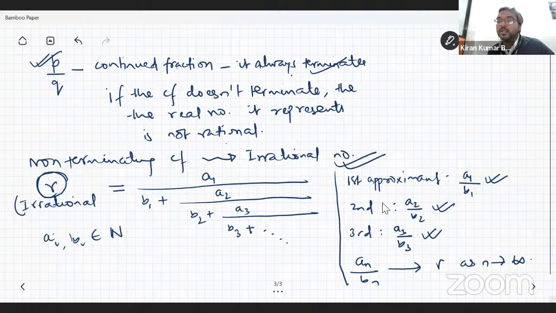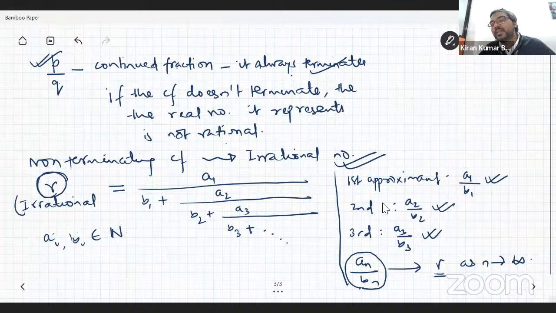So what have we constructed? We have constructed a sequence of rational approximates to an irrational number, a sequence of rational numbers that converges to r. This is one of the biggest achievements of continued fractions. They are used to represent irrational numbers by rational numbers.